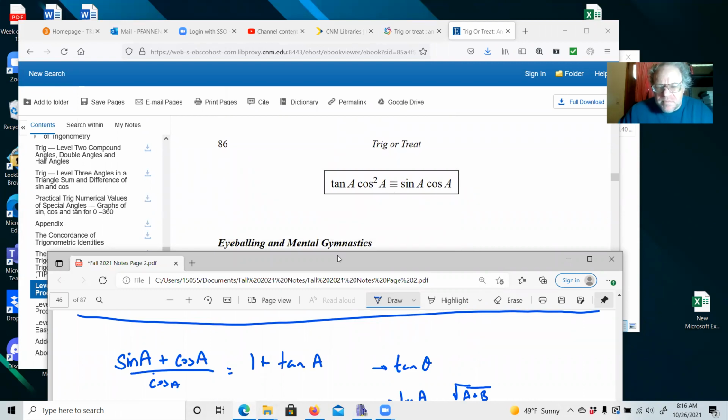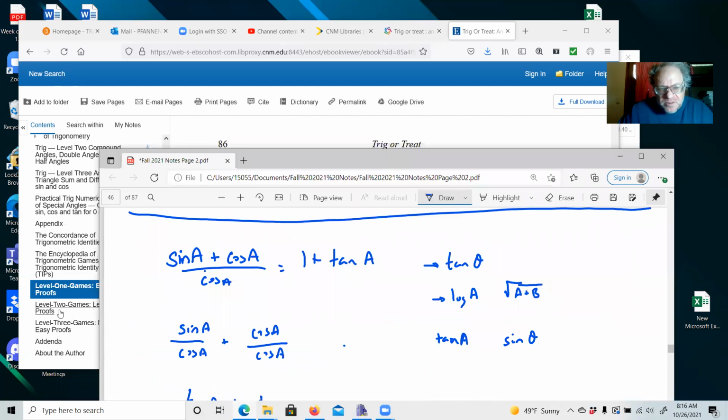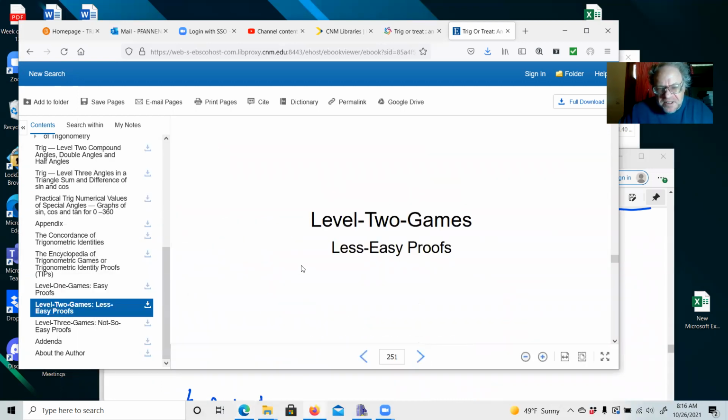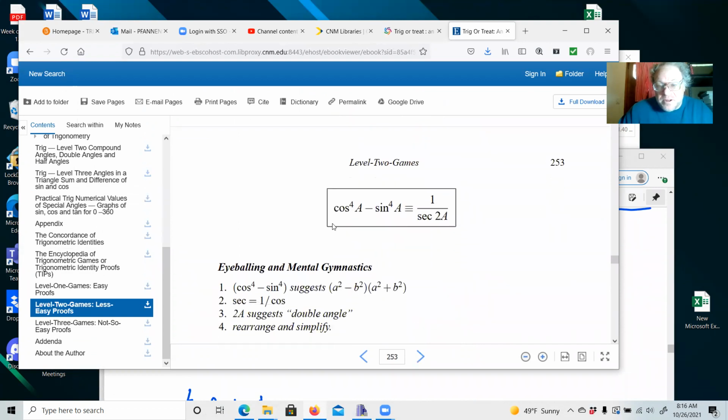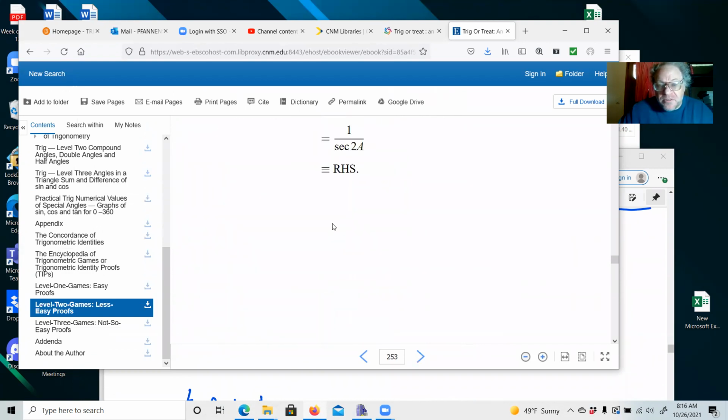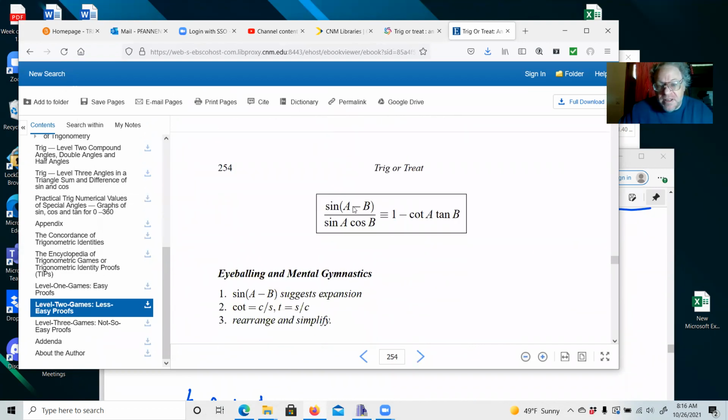All right, this one is getting there, but I probably should have just gone to level 2 immediately. If you're looking at these like these are not too easy, that's understandable. We're going to start with that and go from there. These are too hard.